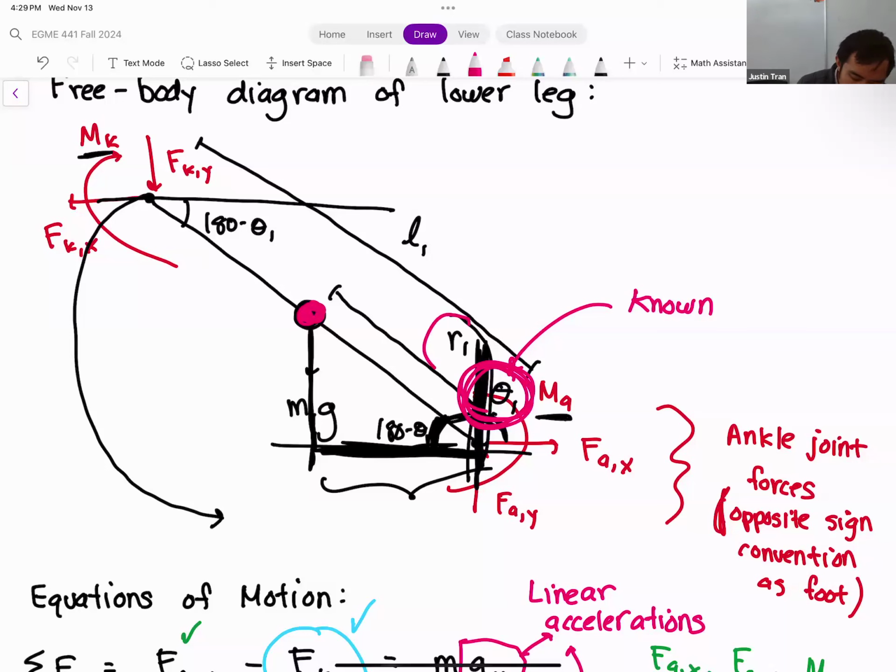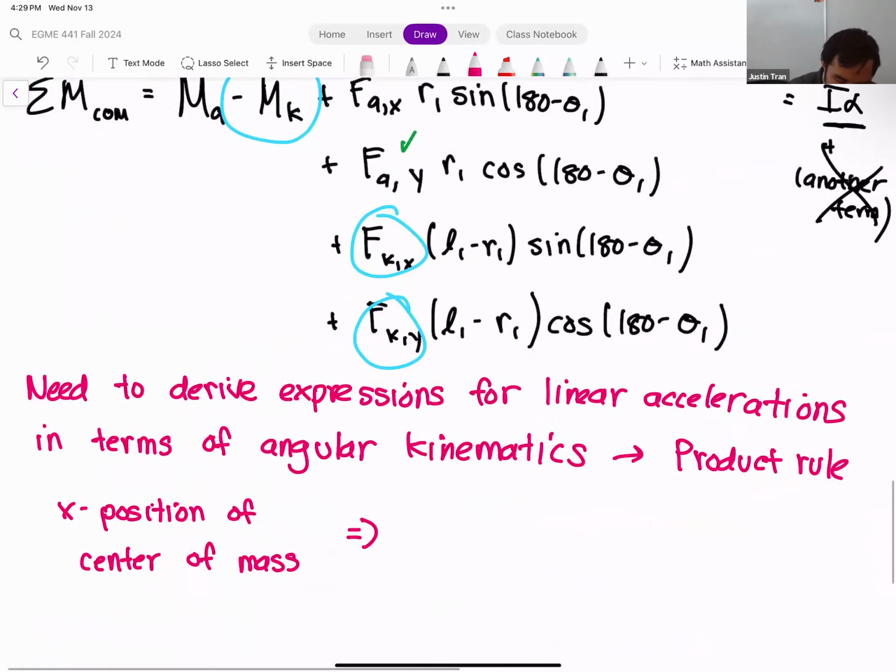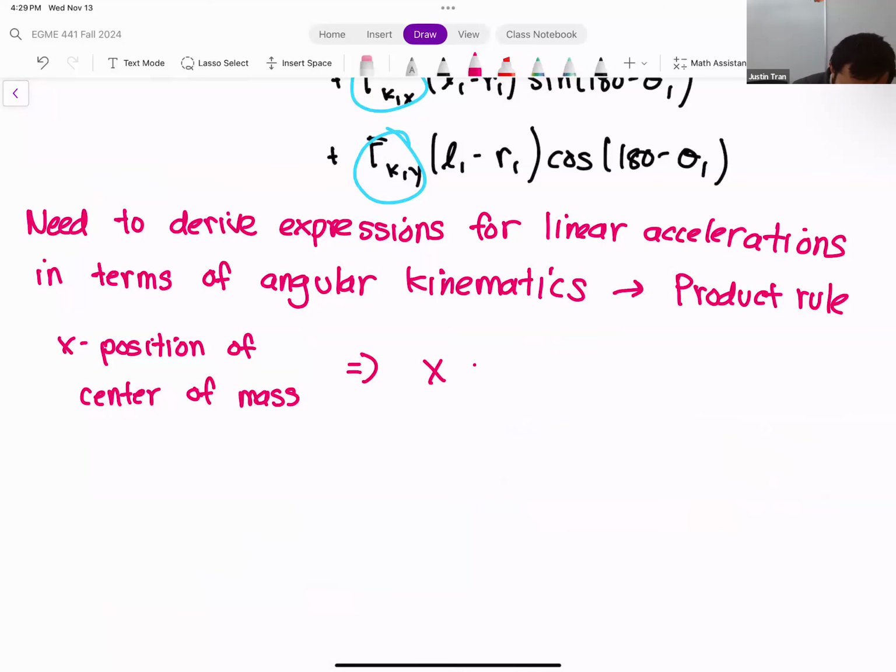The other thing that's known is we know the distance along the lower leg between the ankle and the center of mass, R1, okay? So a very simple expression for the x position of the center of mass, we'll call it x1, is simply going to be R1 multiplied by cosine of theta1, okay?